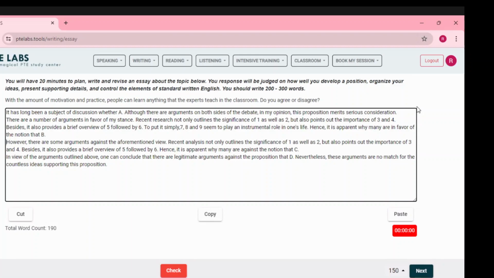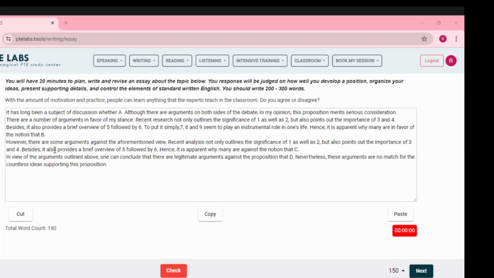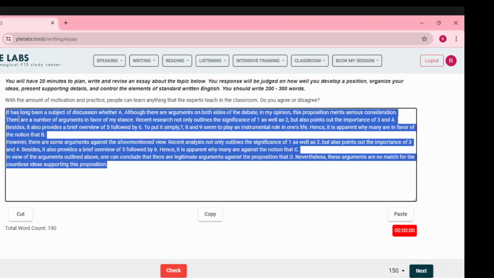Okay. And also you can use cut, copy, paste options which are on the screen, students, because in the exam sometimes Control C, Control V, those keys are disabled. Yeah, those are the things you have to pay attention to when it comes to essay.